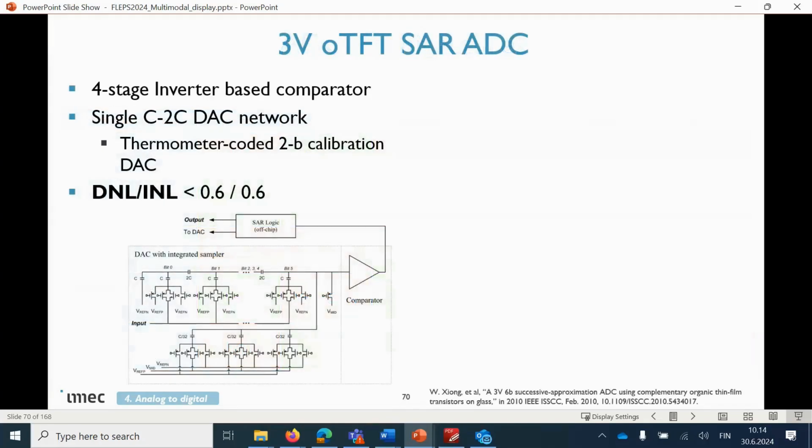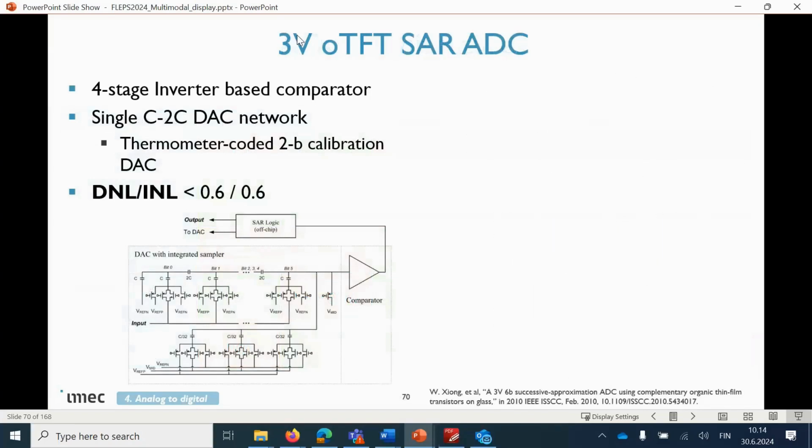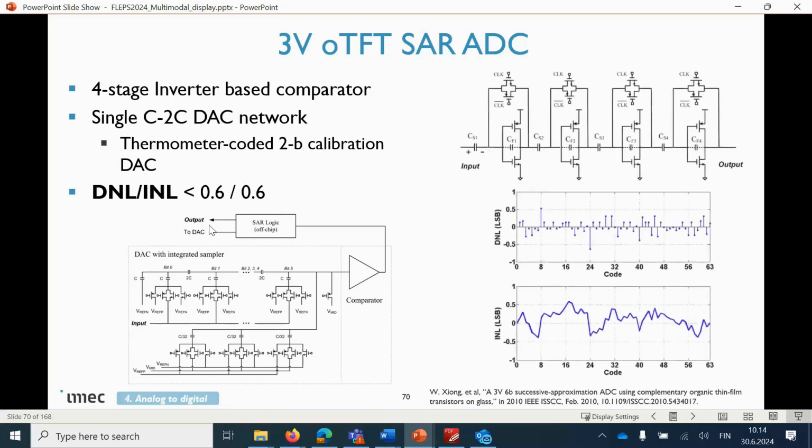And actually, a turning point for me especially was this publication from almost 14 years ago, where the group in Stuttgart used a 3-volt organic TFT technology to present a 6-bit SAR ADC, using the C2C topology, giving very good responses below 1 LSB.